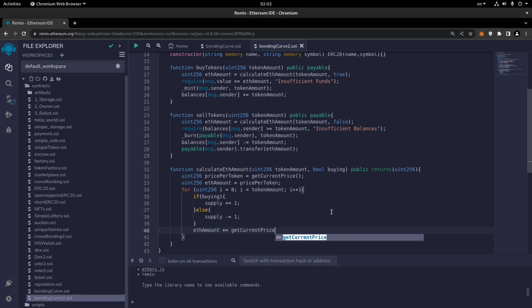Notice that even if we're selling, because we want to determine the ETH amount, we will again add the get current price based on that. So you might say that, okay, when we are selling, it should be minus get current price, but that is wrong, because you want to calculate the total number of tokens based on sales or buys.